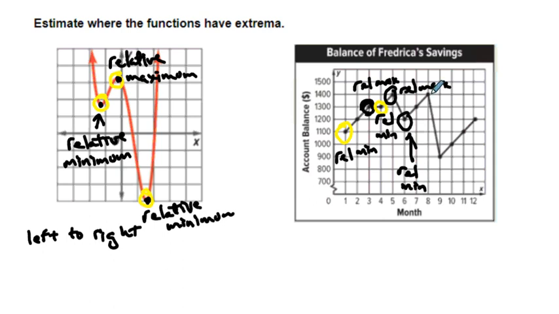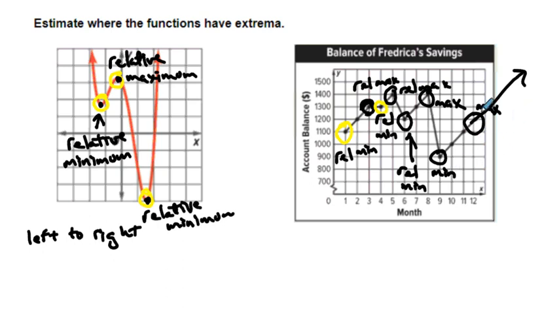Hopefully you're getting the idea. Here's a max. Here's a minimum. And then because this thing stops, you would say it has a max. Now, if it kept going on, then this wouldn't be a max, because there's no turning point. There has to be a turning point. If it stops, we'll just say that's a starting or ending point right there.